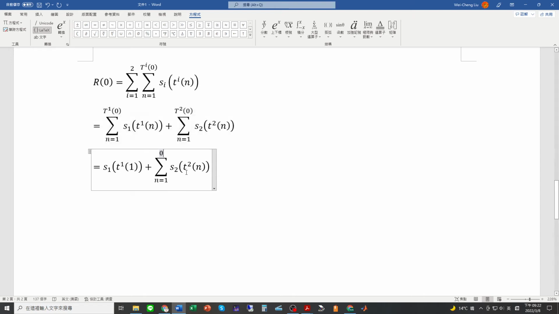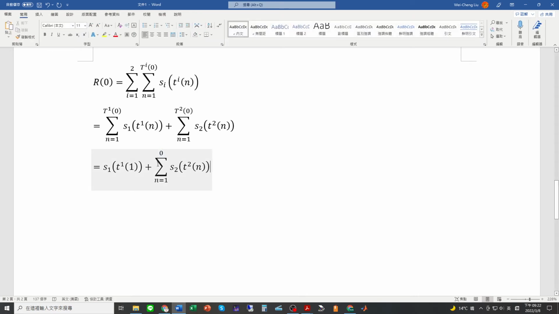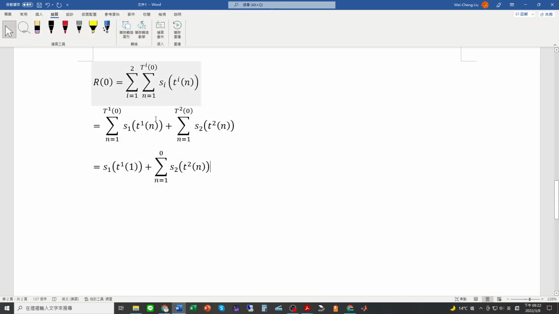But the summation n is from 1 to 0. There is no term to sum up, so this summation is equal to 0.